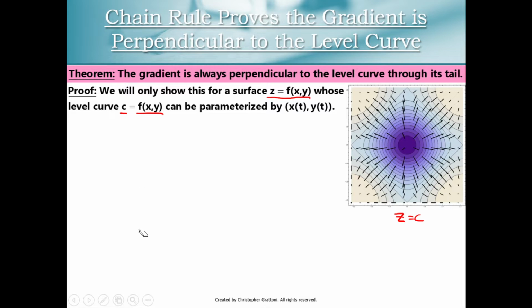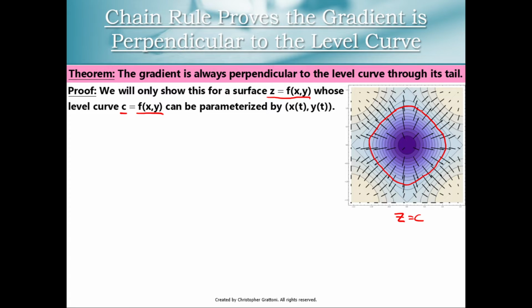Anyway, let's suppose that we have some level curve that we can parameterize. Let me draw one for you. Let me trace one. Because the picture you have here is a contour plot with lots of level curves. We're going to prove this for a single level curve, but we're going to do it in general so that it applies to all level curves. So there we have a level curve.